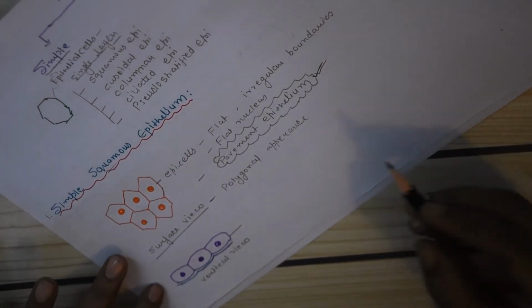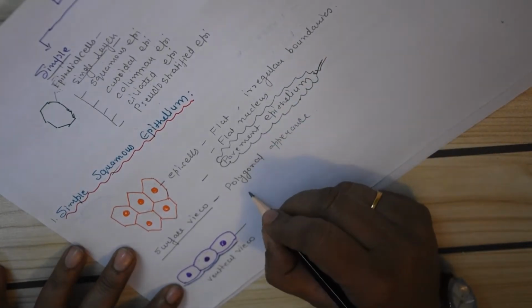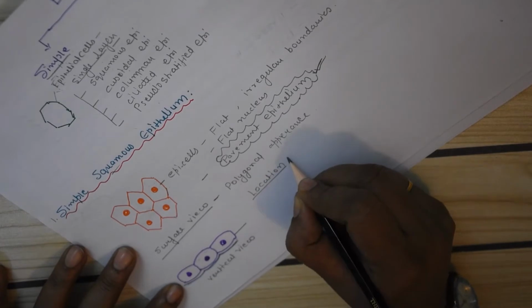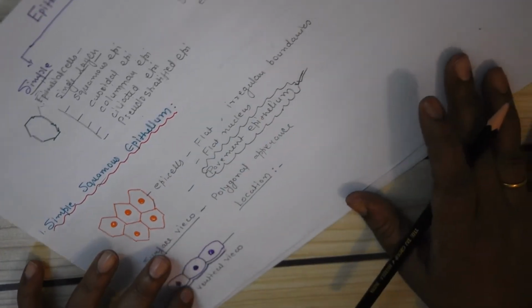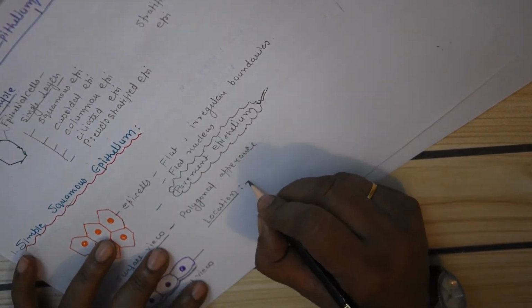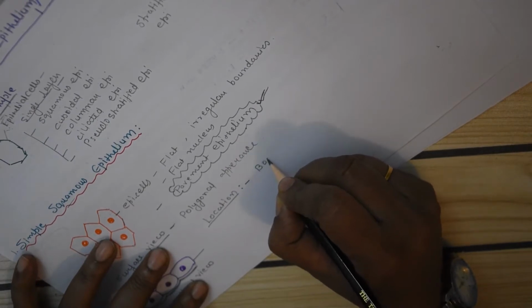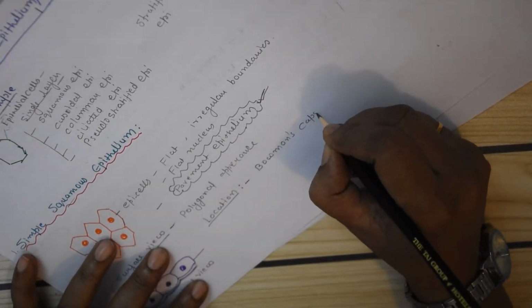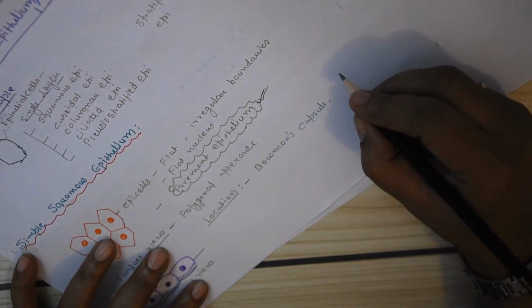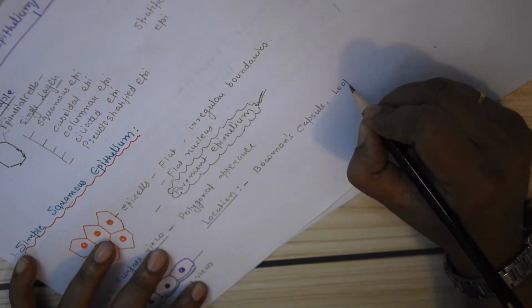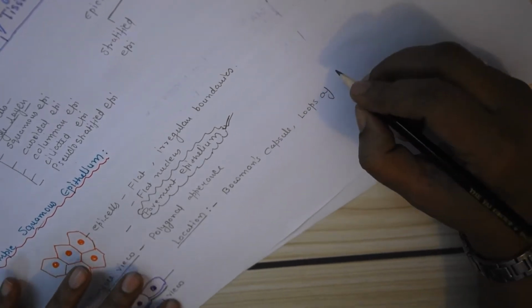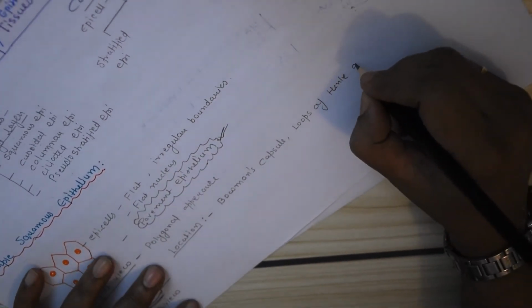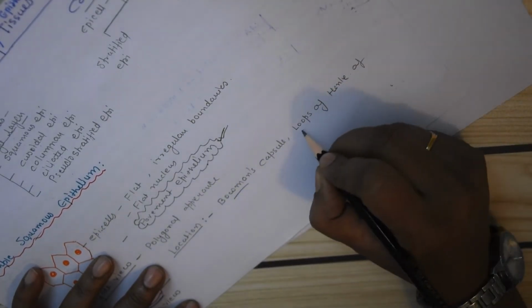Now we will see the location. Squamous epithelium is located in the Bowman's capsule, loop of Henle, where these structures are found.